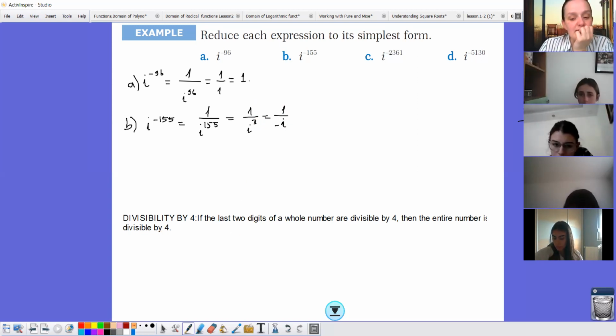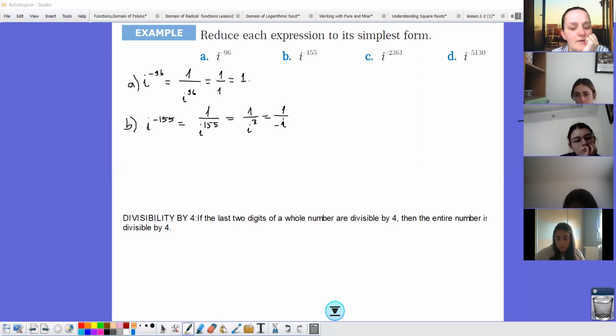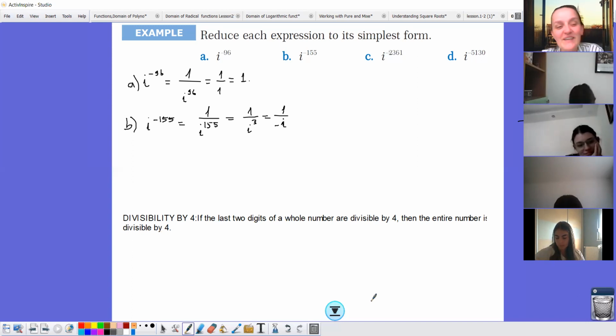Here in complex numbers, with the I, you cannot leave it like that. Do you remember in square roots, we were not leaving the square root in the denominator?